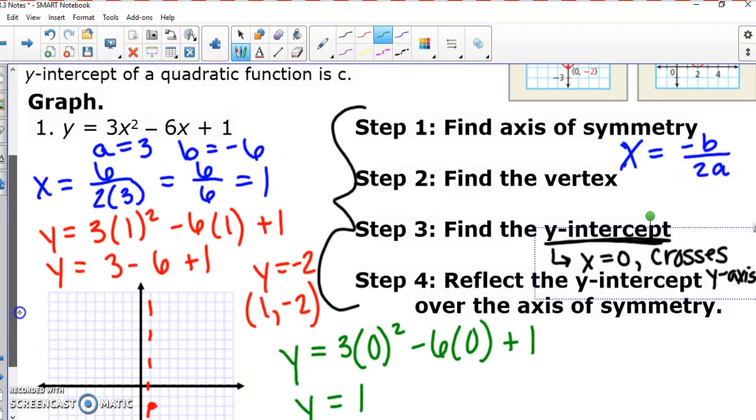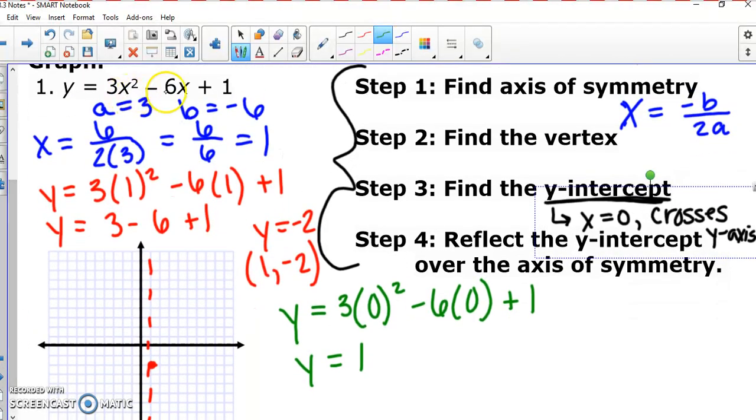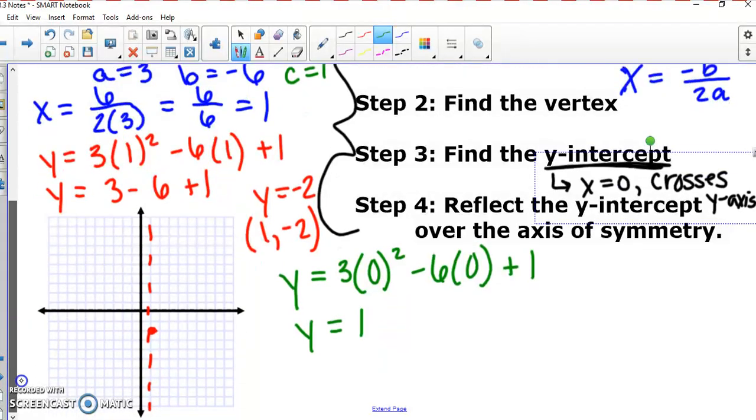The shortcut way to get there is that all these x's end up canceling out, and so we're just left with whatever our constant, our c value, is. So our c value is going to equal our y-intercept. That means when I go to graph this, it's going to cross the y-axis at 1, so that would be right here. There's one more point that I can put down.